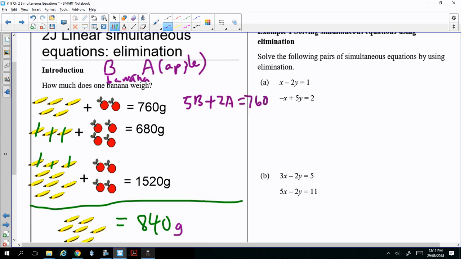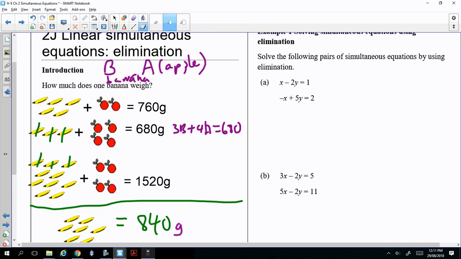And the other one, 3 bananas plus 4 apples gives you 680. Does that make sense? Let me write this again. 5 bananas plus 2 apples give you 760. Call that equation 1, call that equation 2, right?